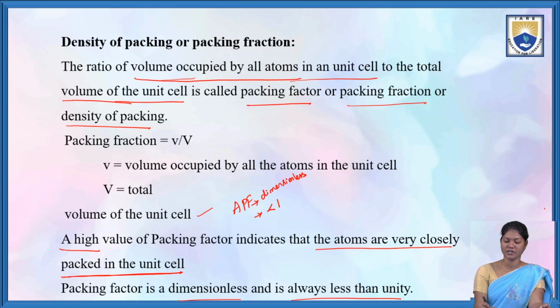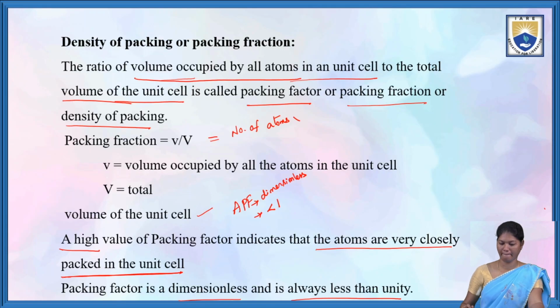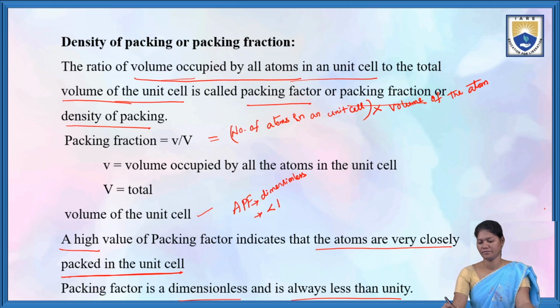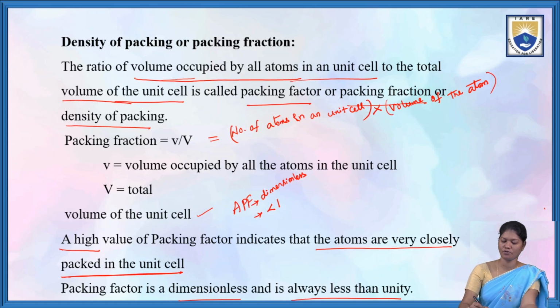This atomic packing factor is also expressed as the number of atoms in a unit cell into the volume of each atom, divided by the total volume of the unit cell.